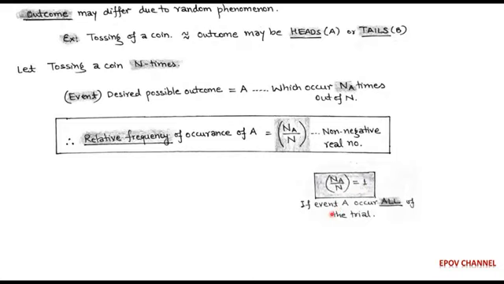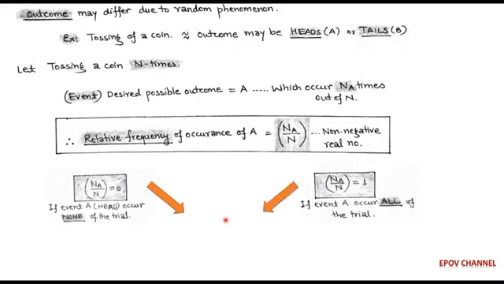Similarly, if we assume event A, that is head, occurs in none of the total n trials, then Na equals 0 and the ratio Na upon n becomes 0. And this concludes that the relative frequency of occurrence of head A is greater than or equal to 0 but less than or equal to 1.